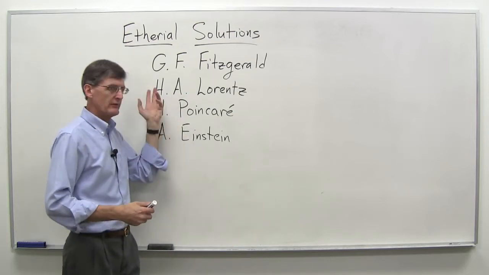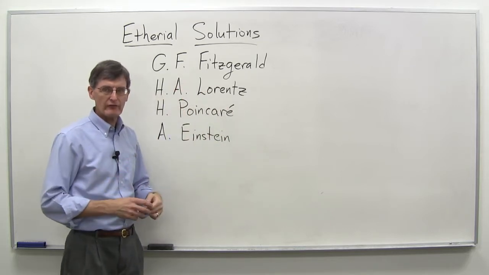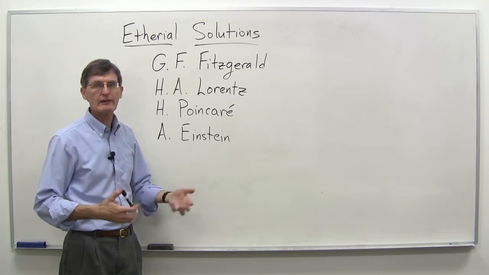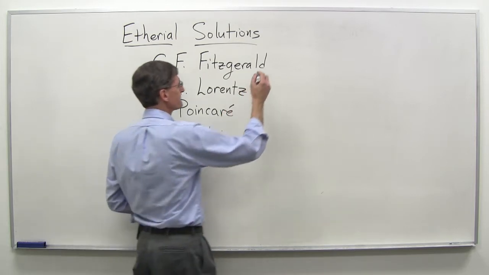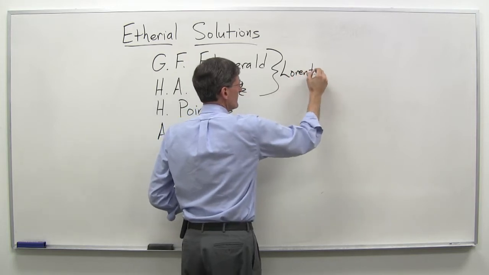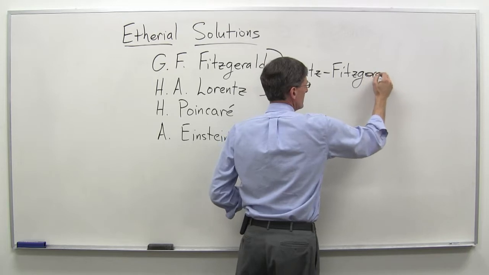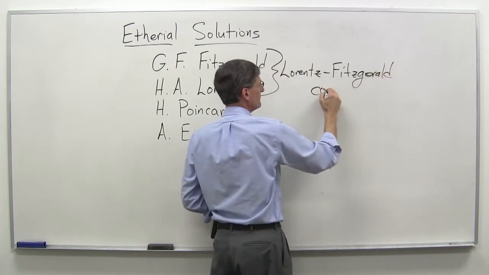And Lorentz, just being the kind of person he was, gave credit to Fitzgerald, and therefore became known often as the Lorentz-Fitzgerald contraction. So we talk about the Lorentz-Fitzgerald contraction.